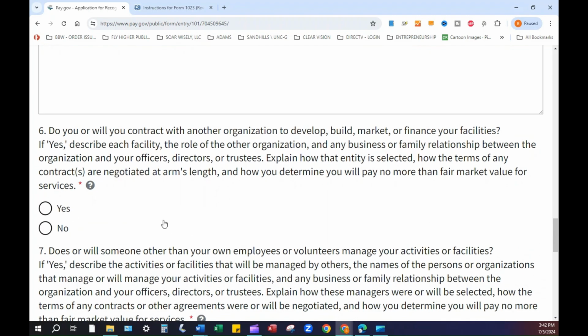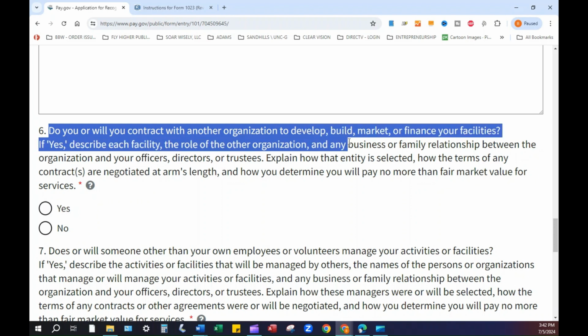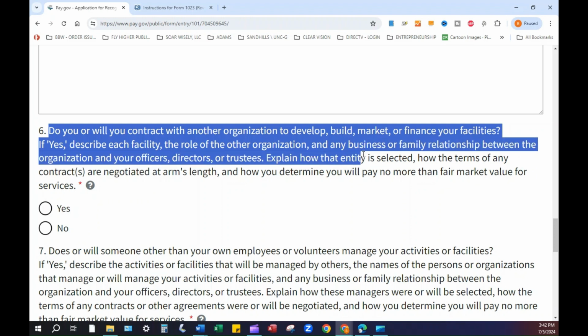And let's go on down to number 6. Do you or will you contract with another organization to develop, build, market, or finance your facilities? If yes, describe each facility, the role of the other organization, and any business or family relationship between the organization and your officers, directors, or trustees.